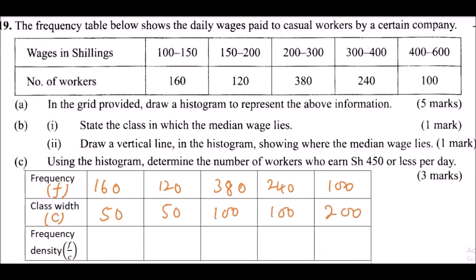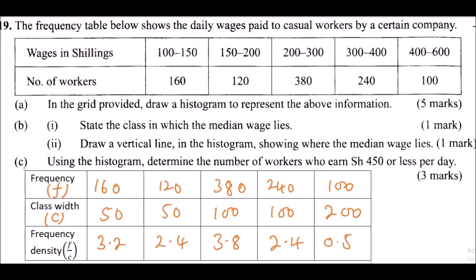So we are going to divide F by C, that is frequency divided by the class width. Here we get 160 divided by 50, that is 3.2. 120 divided by 50, we get 2.4. Then 380 divided by 100, you get 3.8. This you get 2.4, and this you get 0.5. So these are the values.